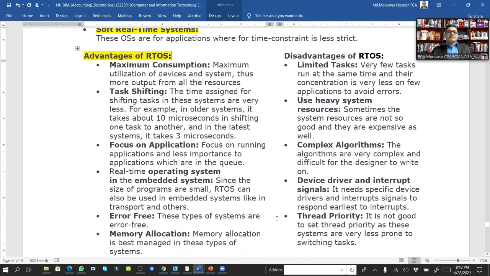Advantages of a real-time operating system: maximum consumption, task shifting, focus on application, use of real-time operating systems in embedded systems, and error-free memory allocation. Disadvantages of a real-time operating system are limited tasks, heavy use of system resources, complex device drivers and interrupt signals, and thread priority. Thread priority in these systems is very less prone to switching.